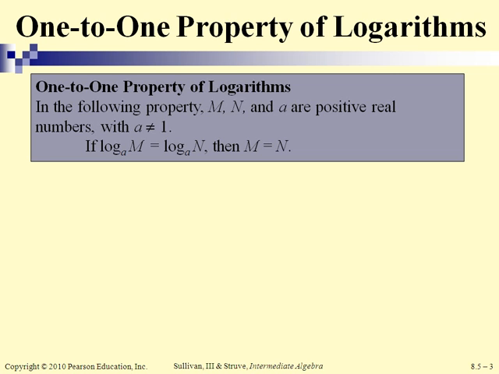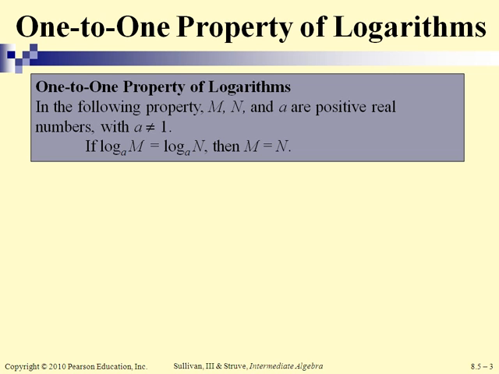Then you say what? Well, since you have the same base, right? And log is 1 to 1, remember? Different input will go to different output, right? So if you have the same output, your input must be the same.